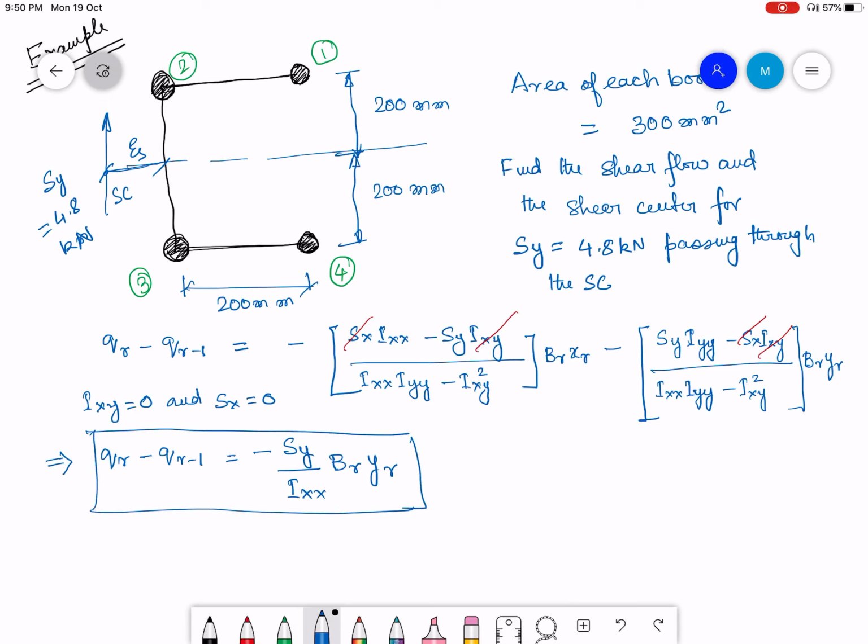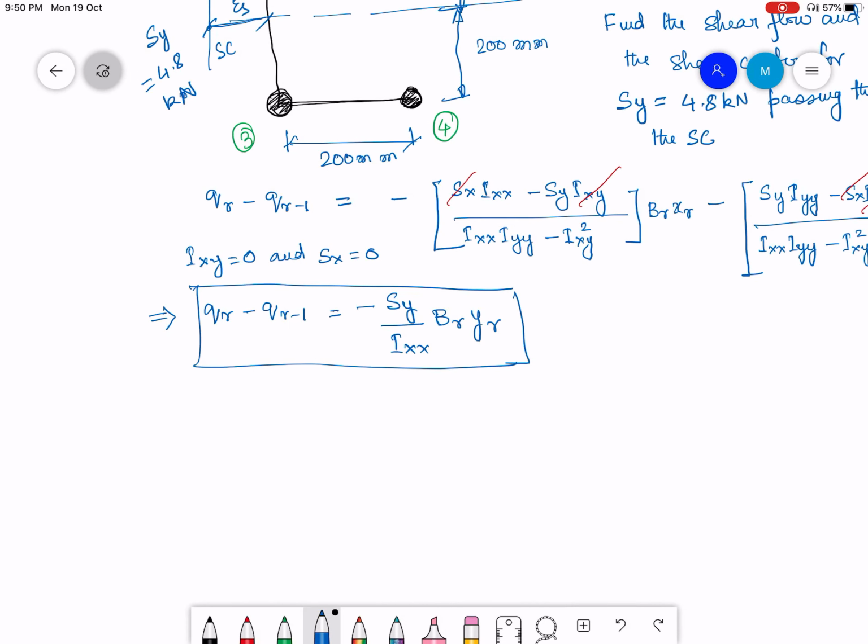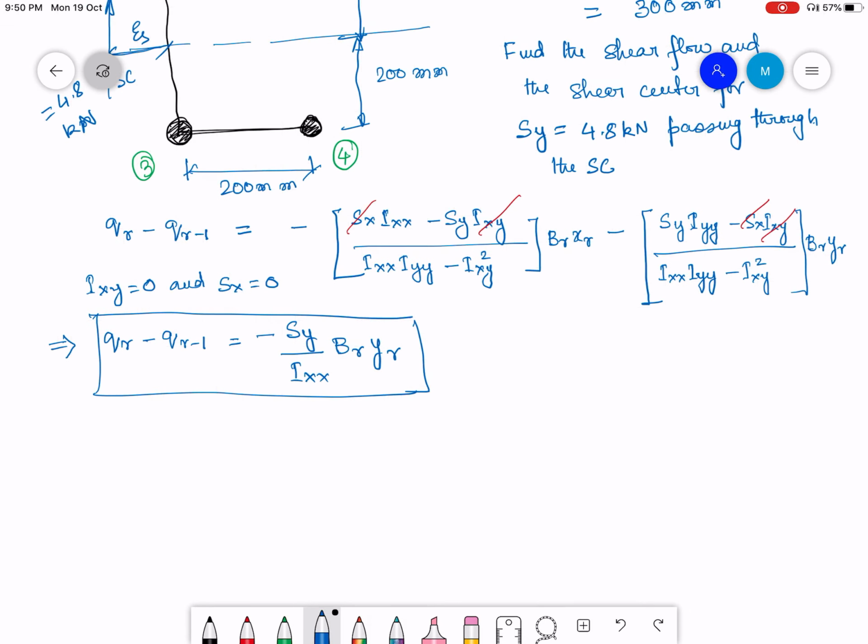Let me find out Ixx. For a skin stringer idealized case, Ixx is going to be very simple.